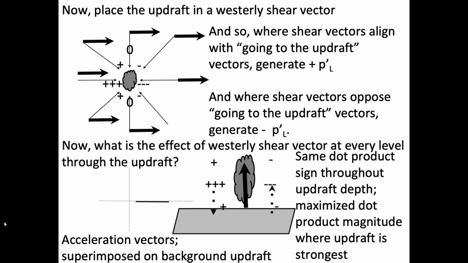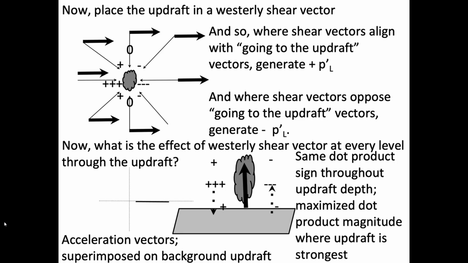So what is the effect of this westerly shear vector, where, again, our shear vector is westerly at every level in our convective updraft? Regardless of where we are in the convective updraft, it's always from the west.